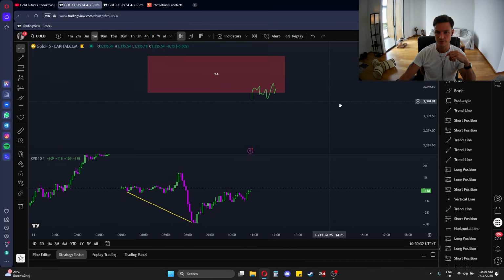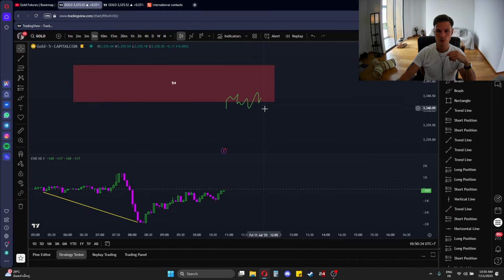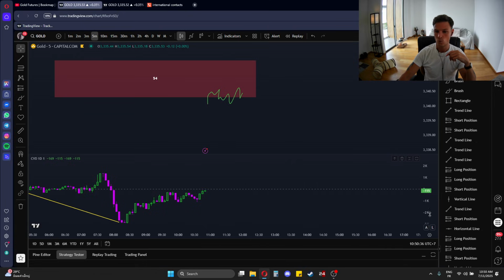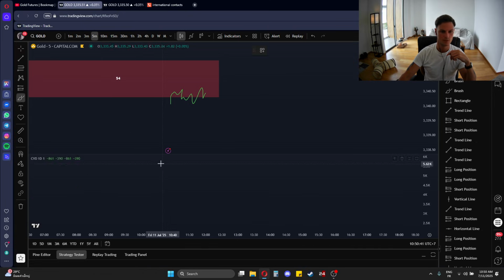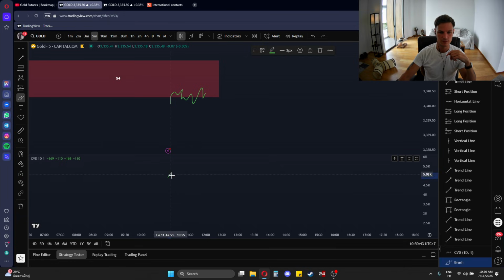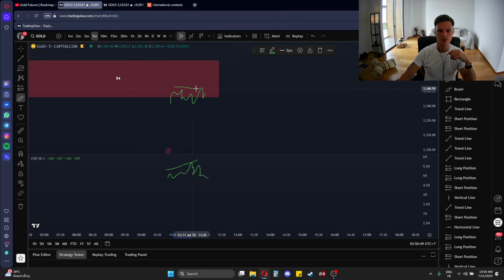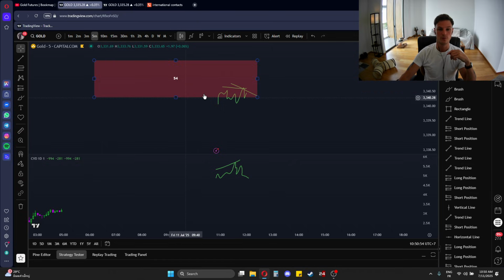But in this area, I want to see a little range form, right? And I want to see on the CVD more buyers, right? So the CVD going up, but the range just staying and even maybe going down, okay? So this is going to tell me we're filling these orders.